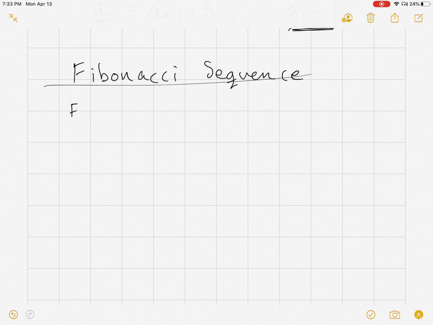So for the Fibonacci sequence, I'm going to let f of 0 equal 1, and I'm going to let f of 1 also be equal to 1. And then our f of n, the nth term of our sequence, is just going to be defined as f of n minus 2 plus f of n minus 1. So you take the previous two terms of the sequence, you add them together, and that gives you the next term of the sequence.